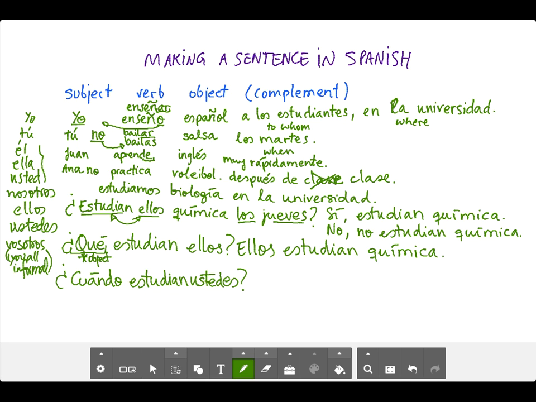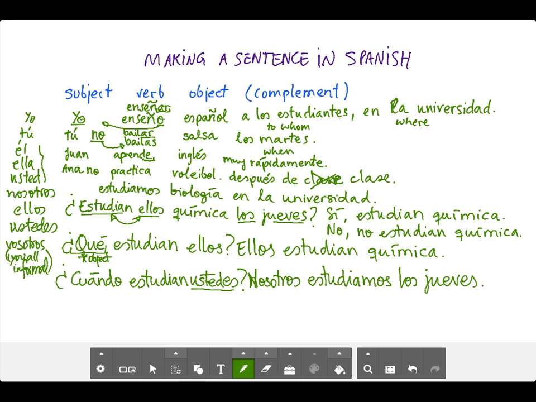Then you have to answer with we study. So you have to change the subject in this case. And from you all, you have to think of, okay, we study. So in this case, we is nosotros. Nosotros estudiamos, and every Thursday, los jueves, on Thursdays.